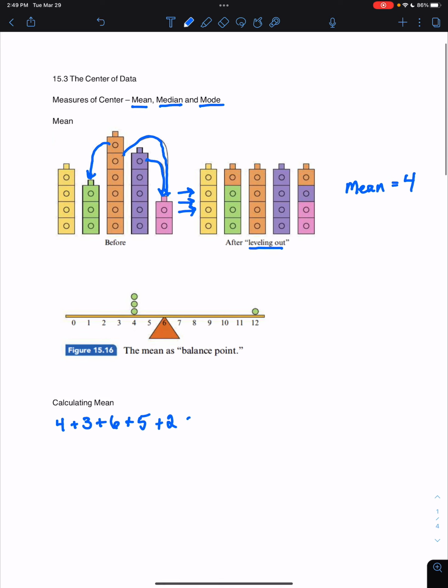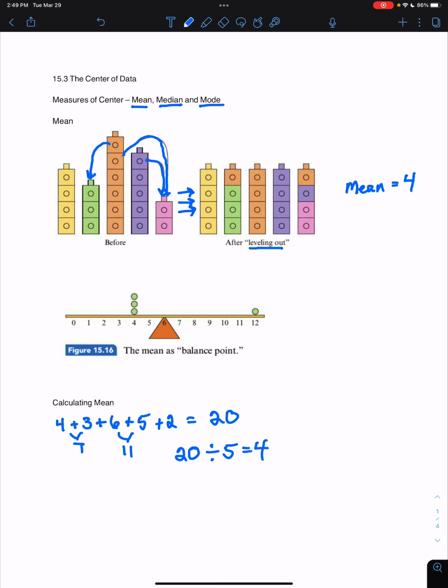So we add all of those together, and then we divide by the number of towers. So here we have 7 plus 11 plus 2. That's 20 total blocks. And then we have 5 different towers. So 20 divided by 5 is indeed 4.